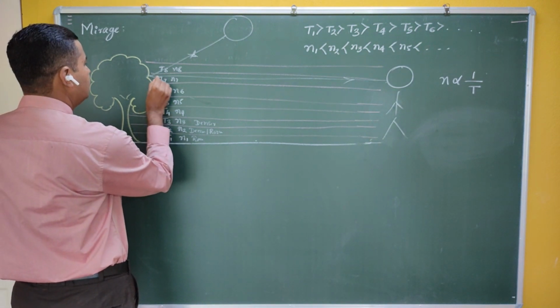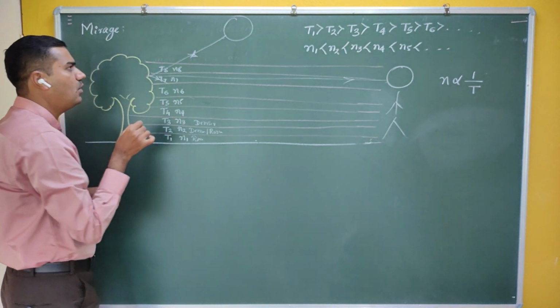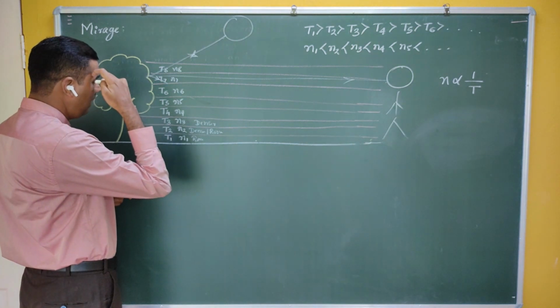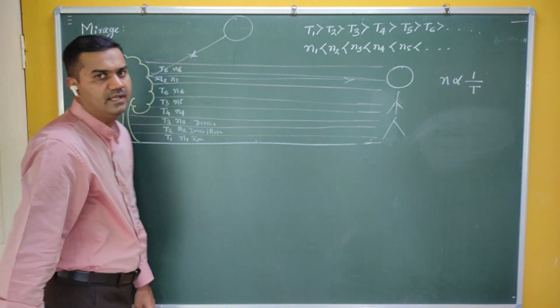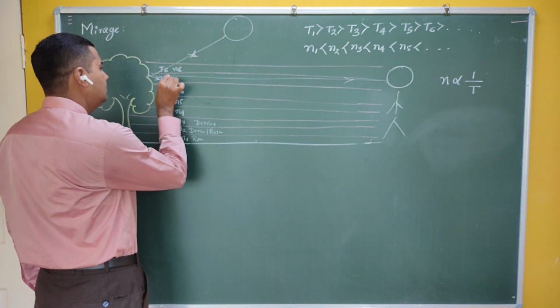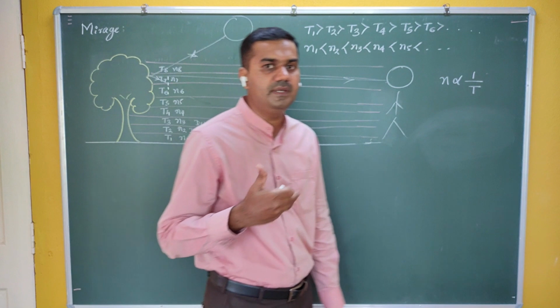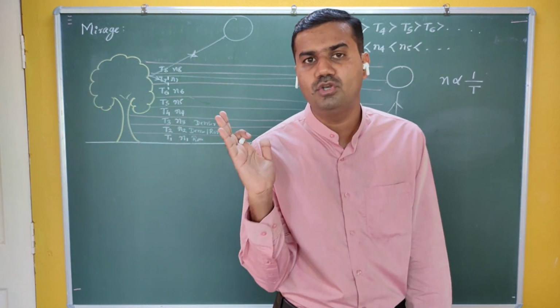Now see here, when this ray is moving from 7 to 6, we have to consider that the light is moving from the denser medium to the rarer medium. In the previous lectures we studied that when light moves from denser medium to rarer medium, it bends away from the normal.